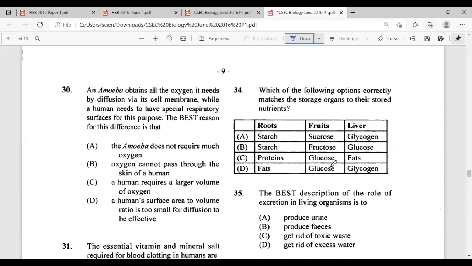So do fruits store glucose or is it sucrose? You may be a little bit confused. So what you can do is maybe go over to the roots. If you look at it, we have starch and fats. We all know that the roots do not store fats. So the only option would have been A. So that would have meant that fruits store sucrose and not glucose.